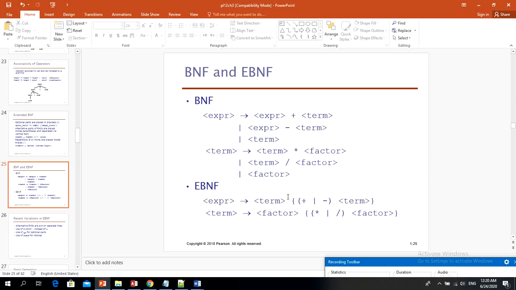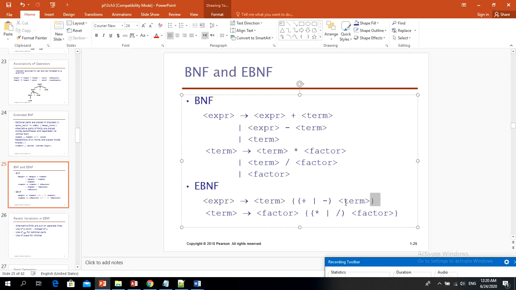But in EBNF, where you can use parentheses and braces, here is an example. For example, expression expands into term, and then plus term or minus term, and this one could also be in a repetition format.